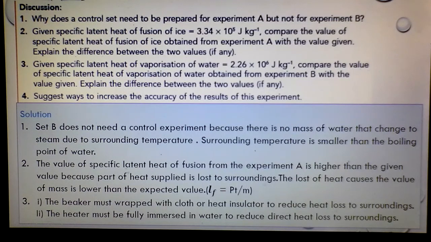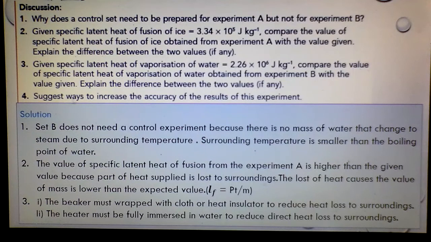The value of specific latent heat of fusion from experiment A is higher than the given value because part of the heat supply is lost to surroundings. The loss of heat causes the value of mass to be lower than the expected value. Thus, from this formula, we can see when mass is lower, it will cause the value of L to become larger. That's the reason why in the experiment we get a higher value of L, Lf.